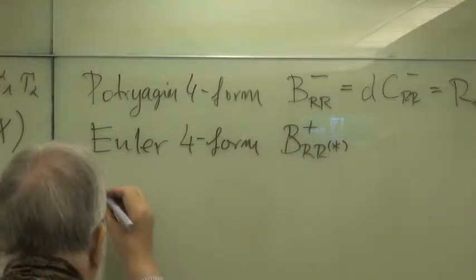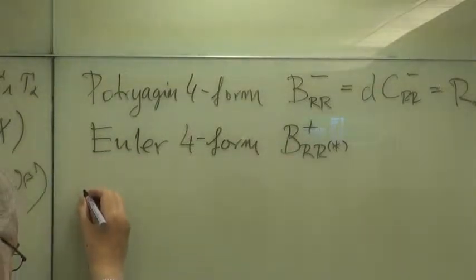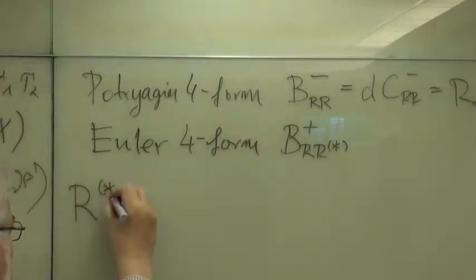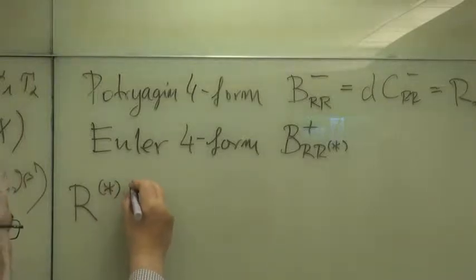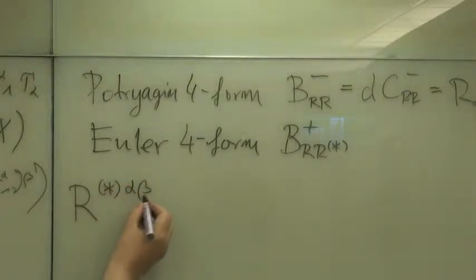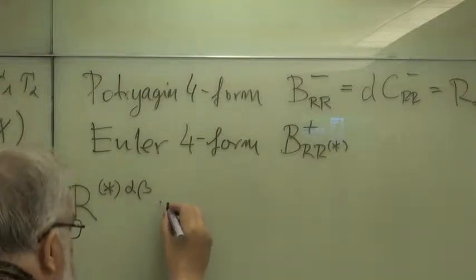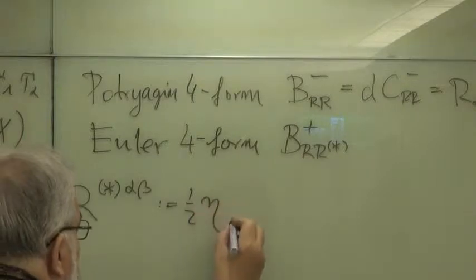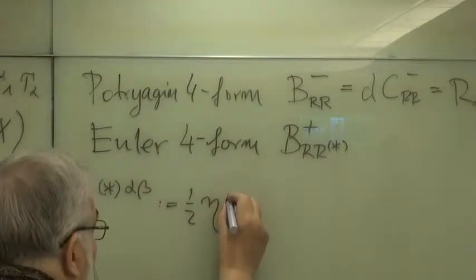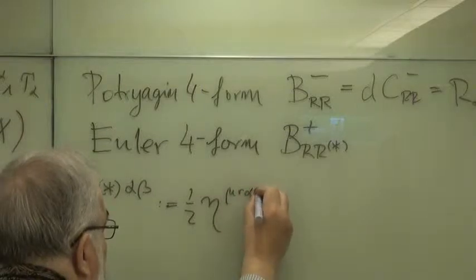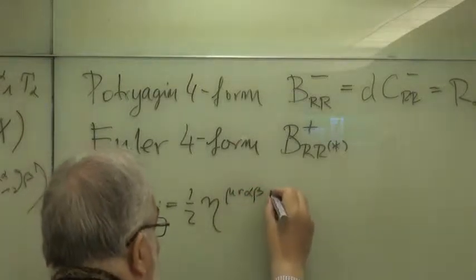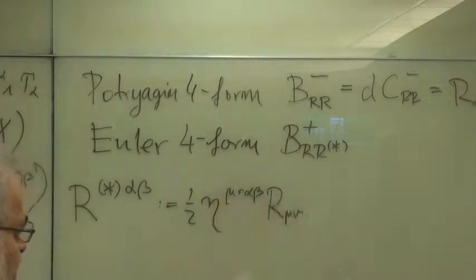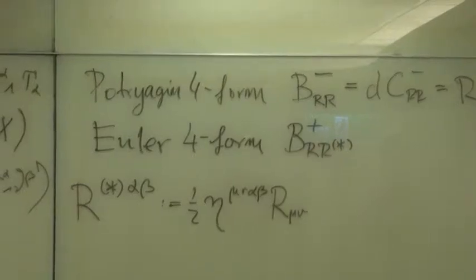Let me define the Lie dual for you. The Lie dual of a form R^{αβ}, the Lie dual R star, is just a dual with respect to these indices, by definition 1/2 times eta mu alpha beta times R. It's just an ordinary dual with respect to these two indices.